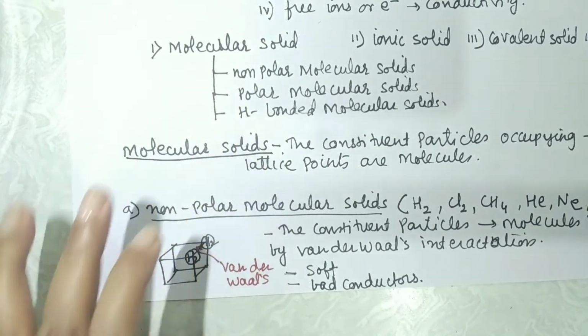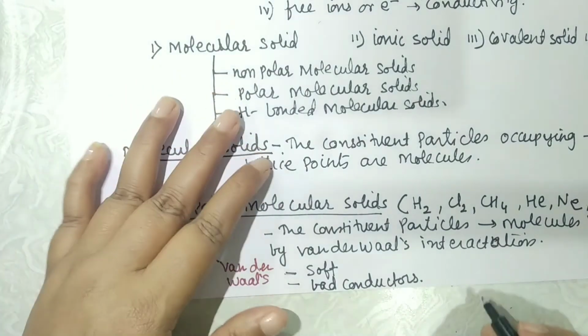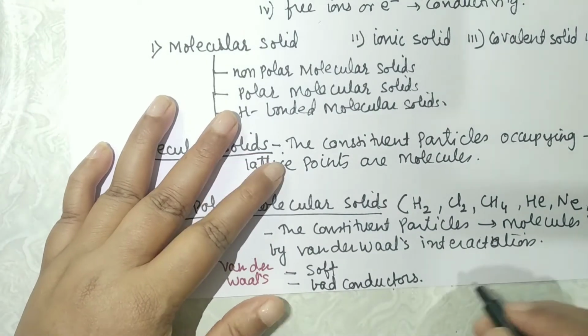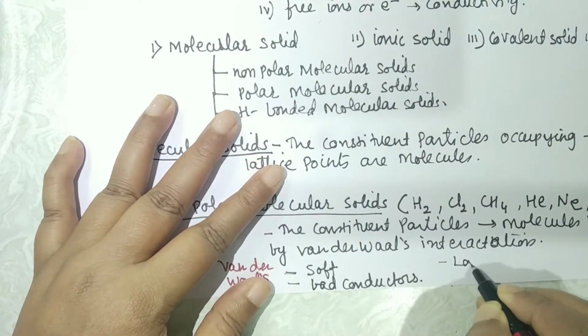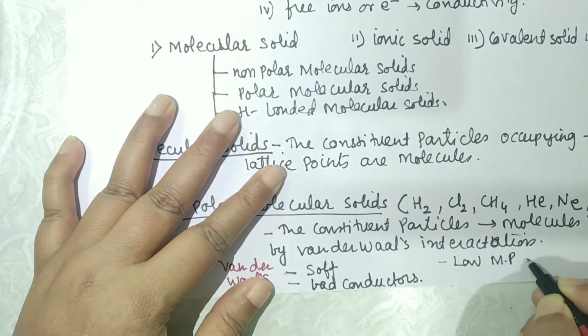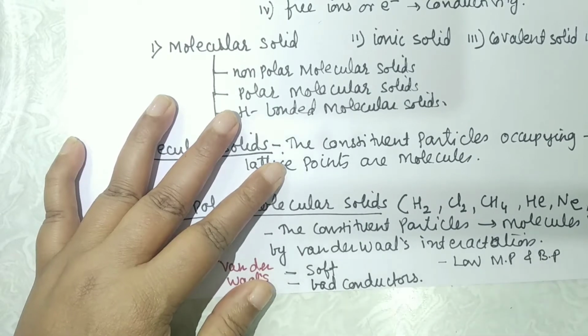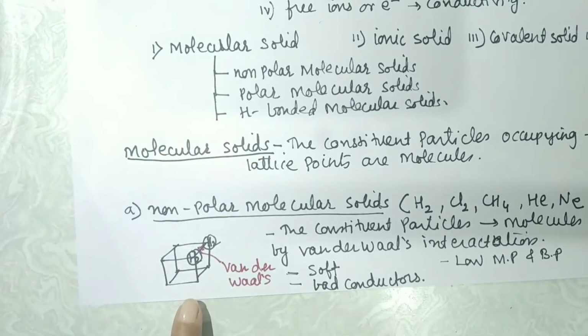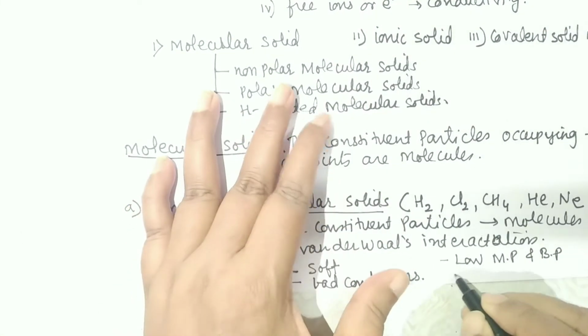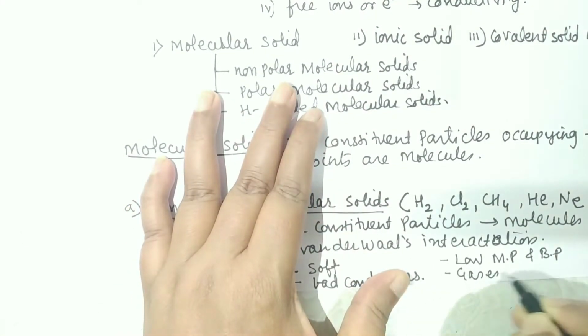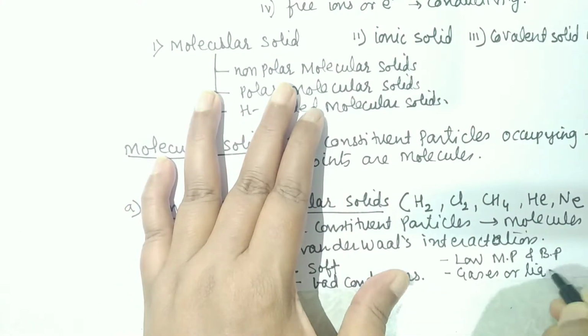Next, as the bond is weak, they are soft and they will have low melting and boiling points. Again, as the interactions are weak, they are usually gases or liquids at room temperature.